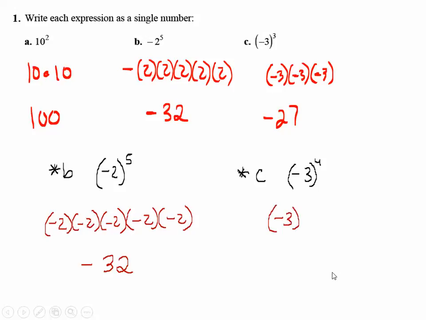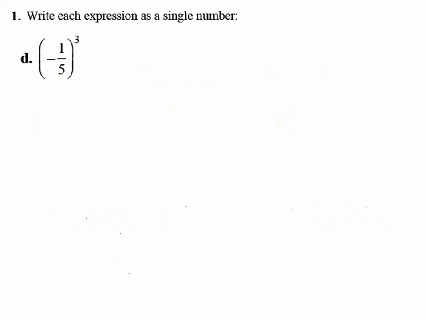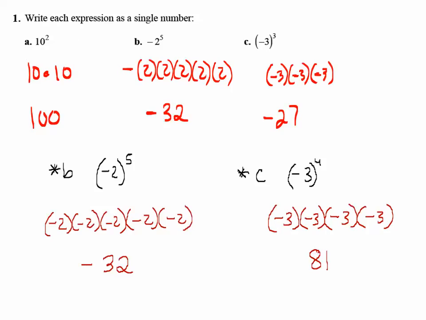So if you have a negative 3 multiplied by itself an even number of times, that's where the negative just sort of disappears. Negative times negative times negative times negative is a positive, so then 3 times 3 times 3 times 3 is just going to be 81.